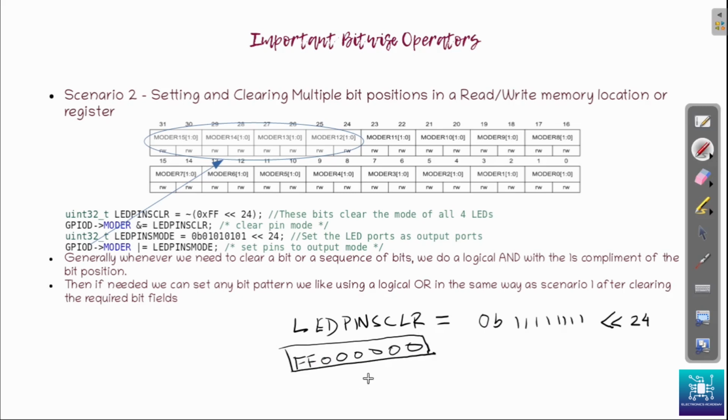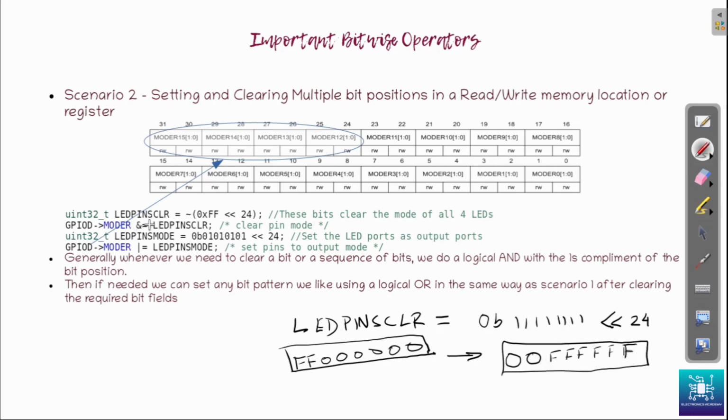Now what we do is we do the ampersand, we do the complement of this value. So when you do the complement of this value, it becomes 0 0, because all ones become zeros and the rest of them become Fs. So this is what you get when you complement it, 0x00FFFFFF in hex.